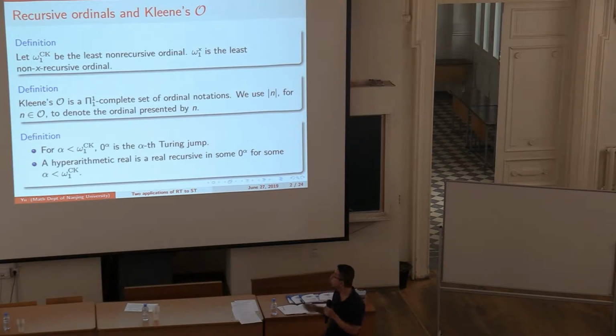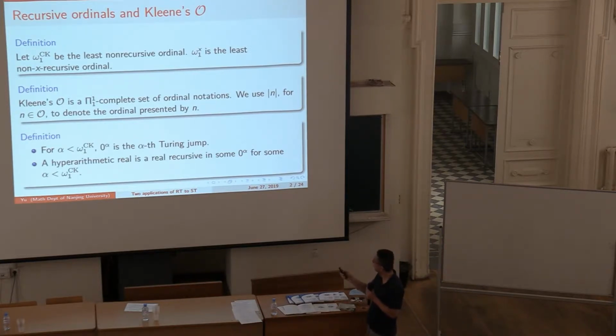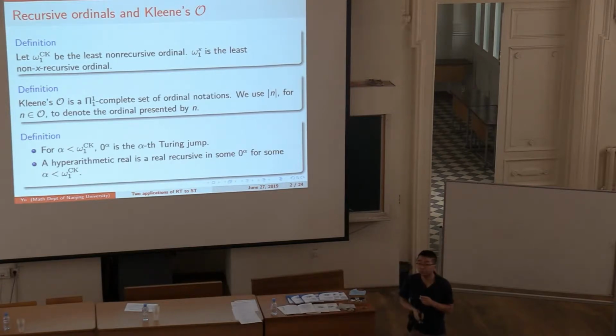So we can only work below omega_1^CK to define the alpha-th Turing jump. A hyperarithmetic real is a real recursive in some 0 to the alpha. This is just a basic fact from higher recursion theory.